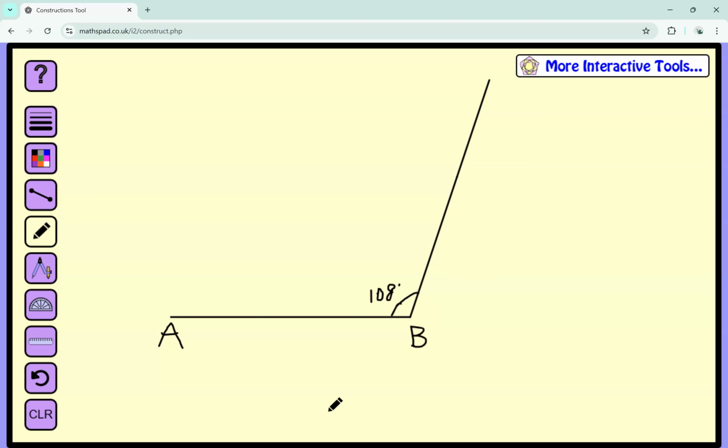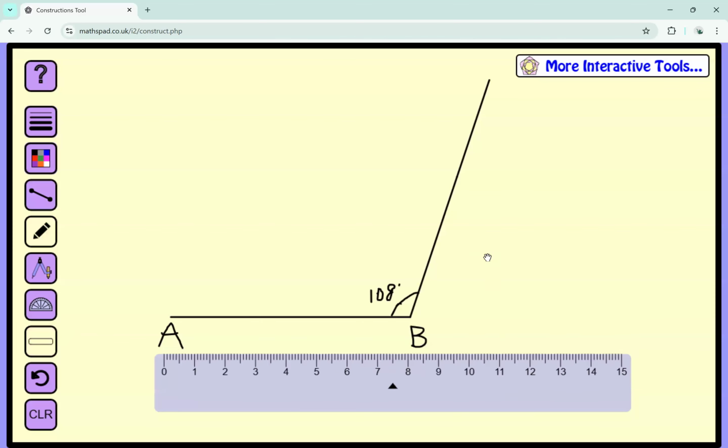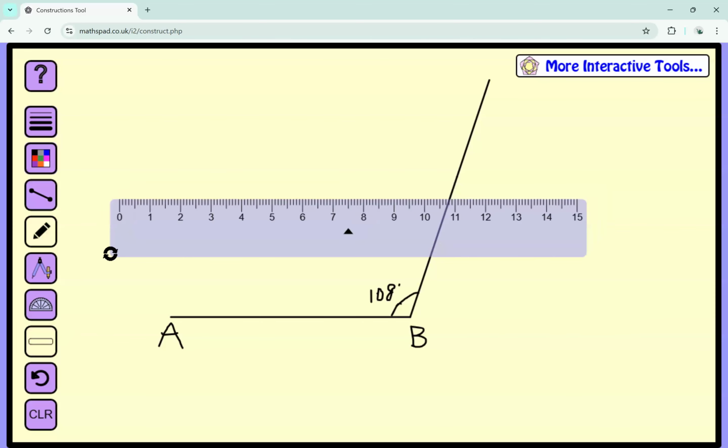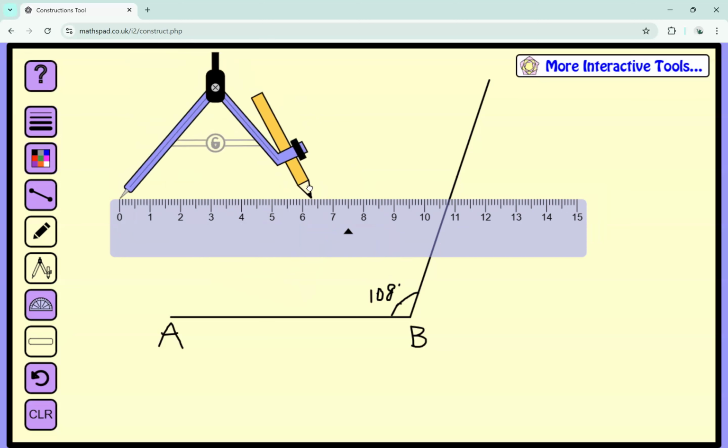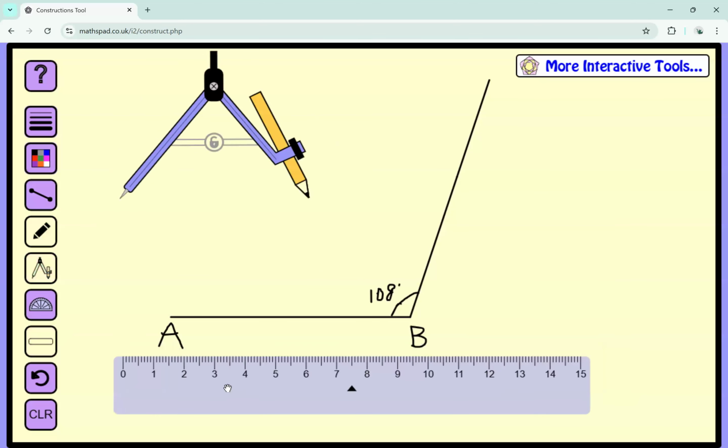Then we know that BC is 6.2. So you take your ruler, put it here, then you take your compass and open it to 6.2, putting the sharp edge here, with 6.2 being here.